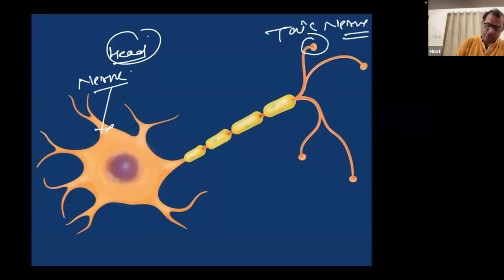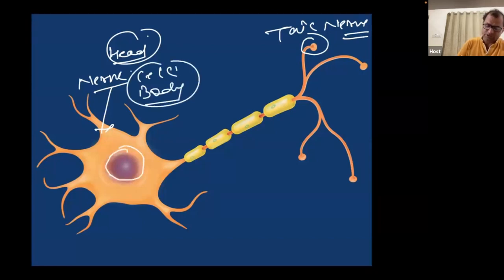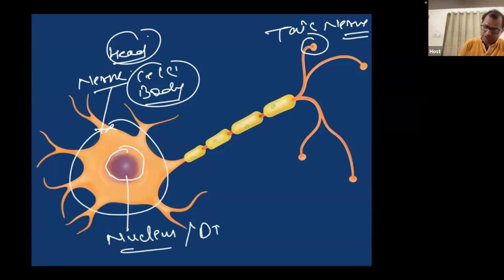The head of the nerve is called the cell body. We can see in the cell body, we have the nucleus. So the cell body has the nucleus, the cell body has DNA, and the cell body is the prime controller.